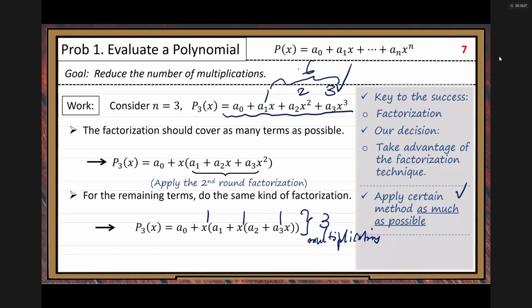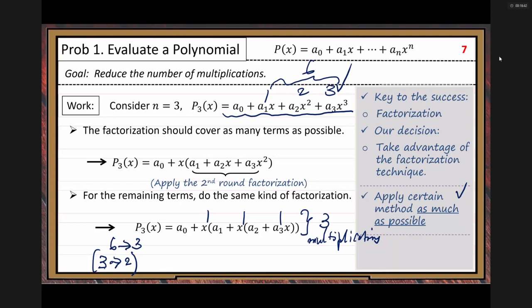Now look at the improvement. The improvement is from 6 to 3, 1/2. Remember the previous case, from 3 to 2, less than 1/2, right? This one, a 1/2 reduction. Of the original multiplication number 6, 1/2 of it is gone, cut off.